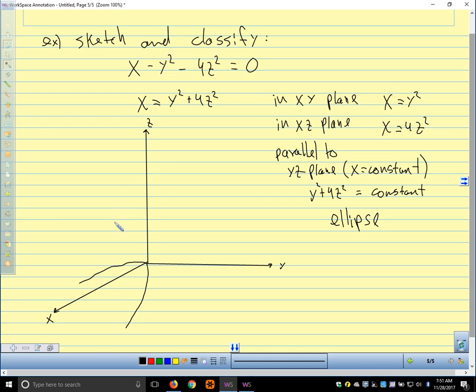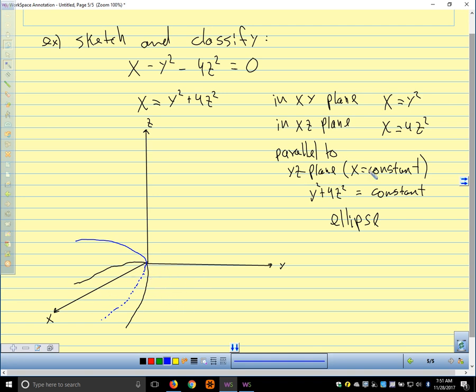In the xz plane, we also have a parabola, but it's just a little different shape. So that parabola is going to go, I'm going to go in blue. So that is in the xz plane. And I'll do this dotted underneath, like so. So this is below the xy plane.